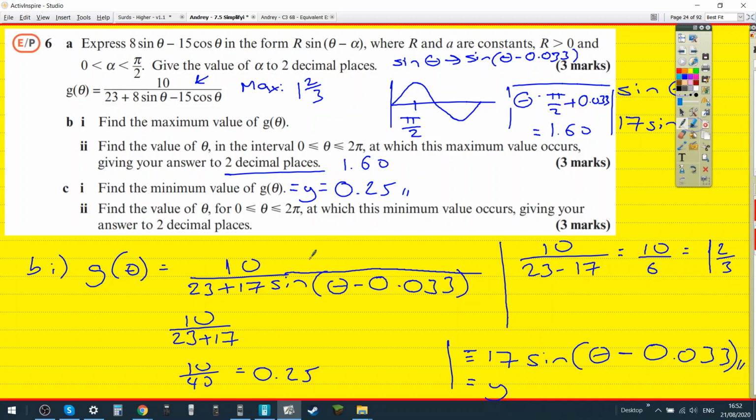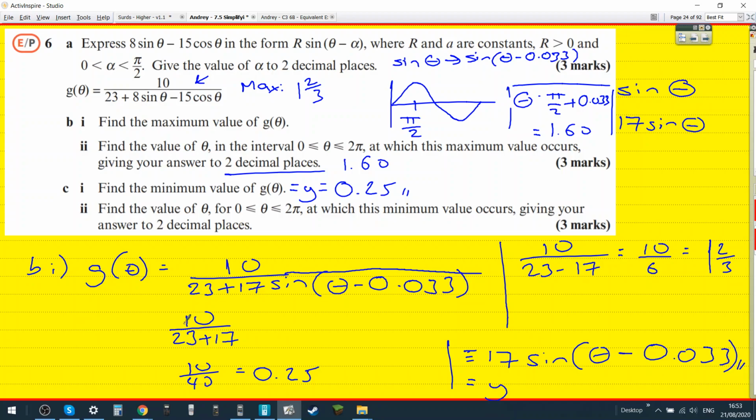Find the value of... So do I need to go back to the 17 sine theta minus 0.033, and then try and solve for theta?